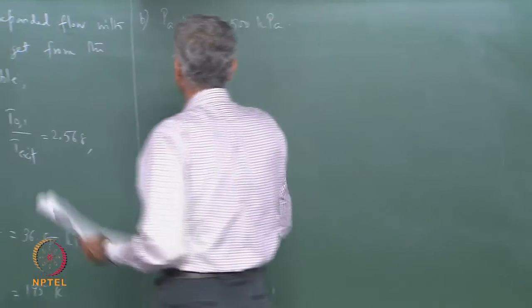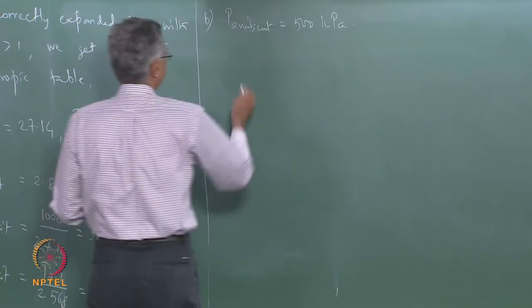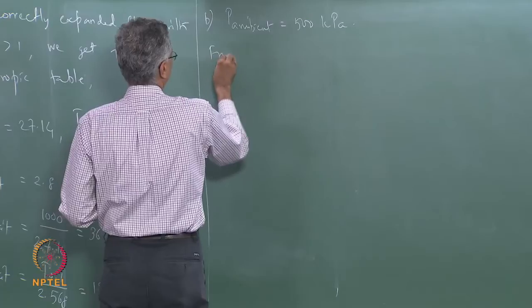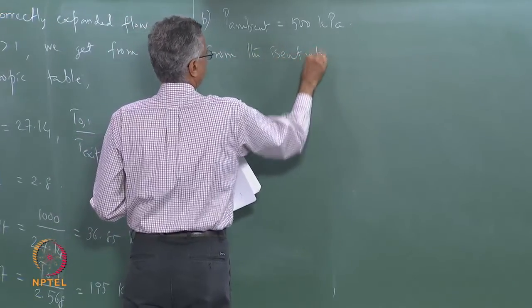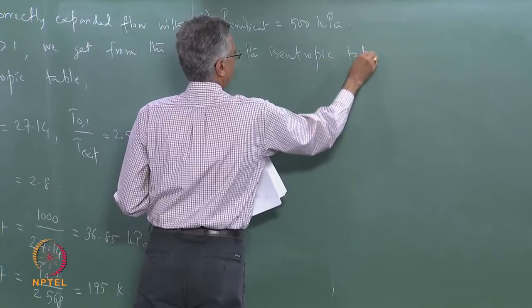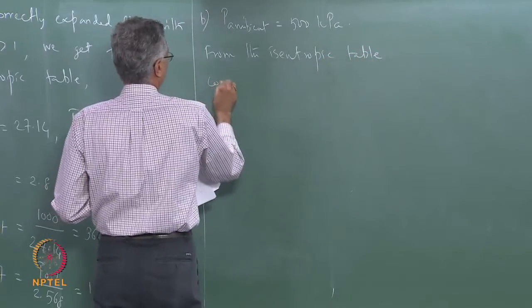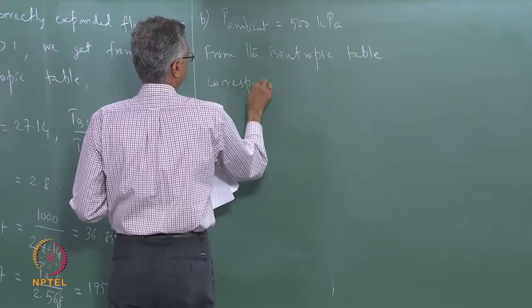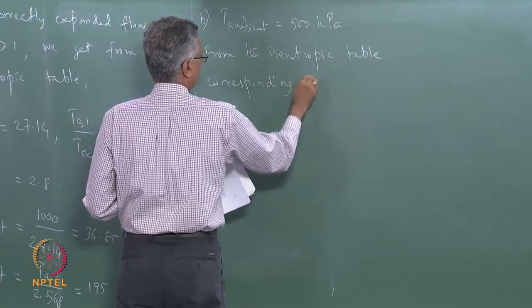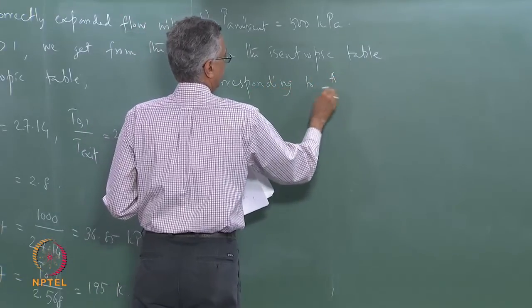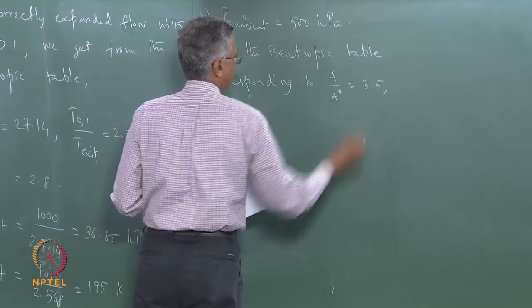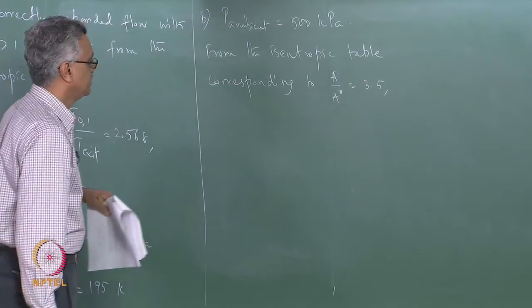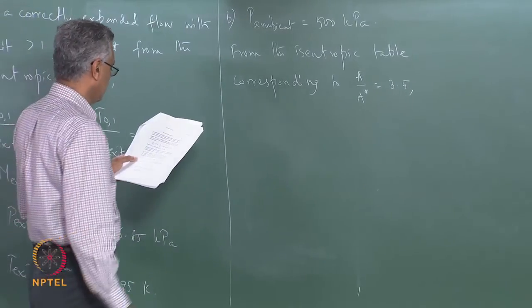When it falls in between two values, you can see from the isentropic table, corresponding to A divided by A star equal to 3.5, we see that the exit pressure lies in between two entries.